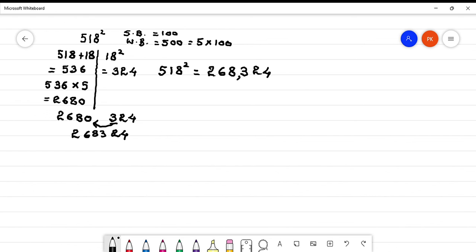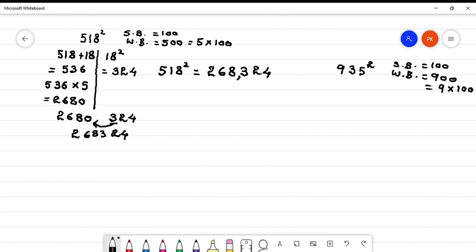Let us just take one more problem. 935 the whole square. So what is the standard base here? Again 100. And working base, since the hundreds place is 9, working base is 900, which is 9 times 100.